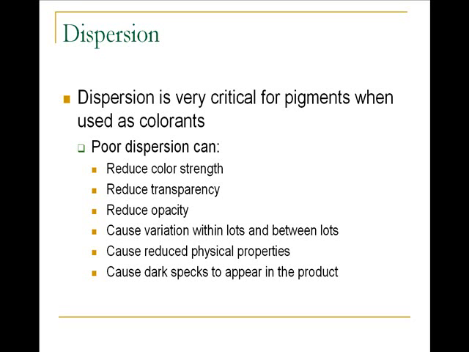Reduced transparency: if the color is a transparent color, it gets cloudy. Reduced opacity: if the colorant is normally opaque, it will be less opaque if you do not have adequate dispersion. Poor dispersion will cause variation within lots and between lots. We will not have consistent color within the batches of color that we make.